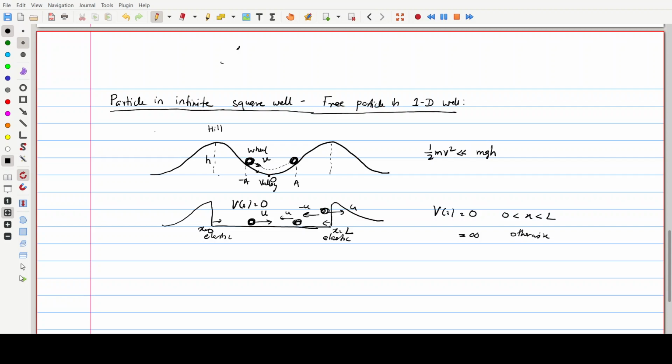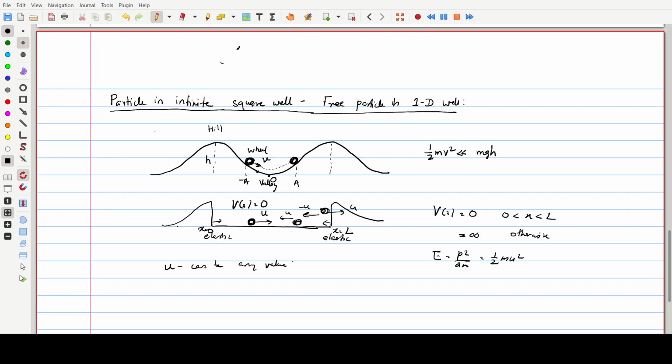Okay, now between the boundaries its potential energy is 0, so it has only the kinetic energy. So total energy is simply p square by 2m, and that is simply half m v square. Now u is the initial velocity of the wheel, so u can be any value.